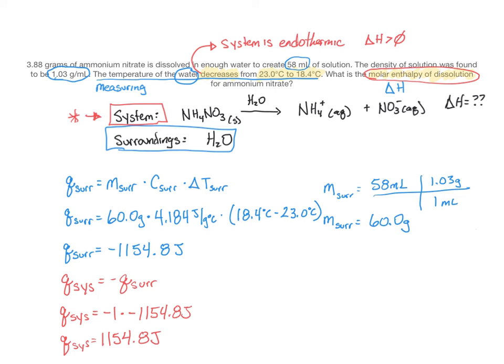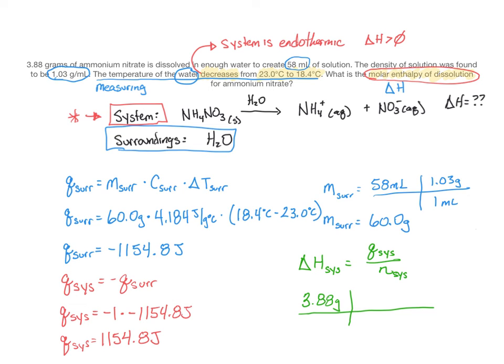But I'm not quite there yet. I now have to convert this Q of the system to delta H. Our delta H of our system is going to be equal to Q of the system divided by the number of moles of our system. So let's start with finding the moles of ammonium nitrate.